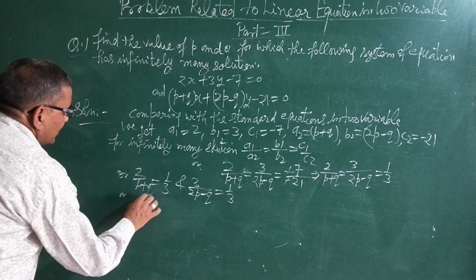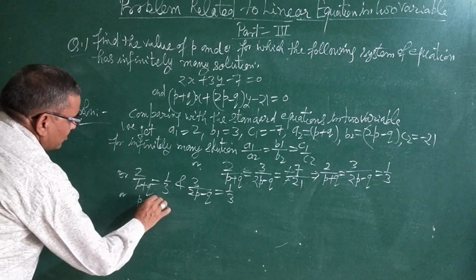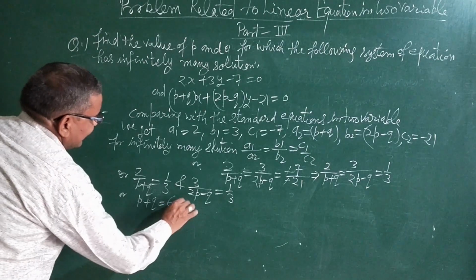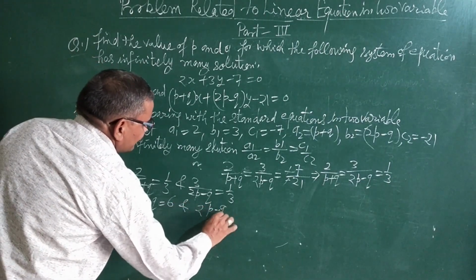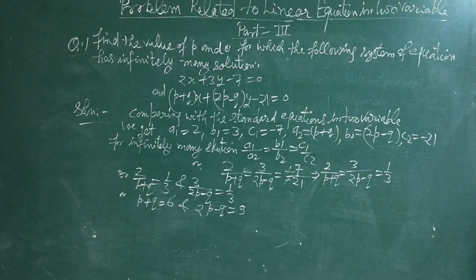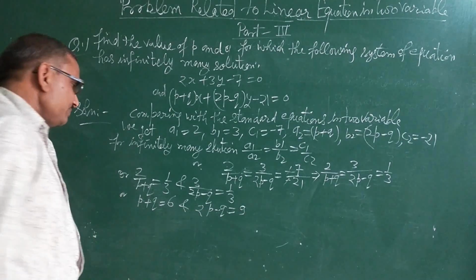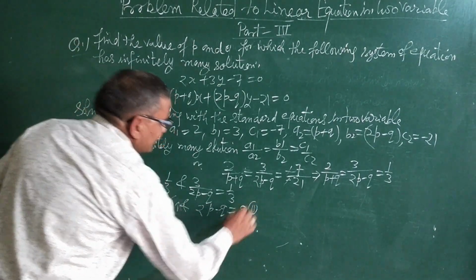So 2 threes are 6, P plus Q is equal to 6, and 2P minus Q is equal to 3 threes are 9. Now adding both, this one is equation first, this one is second.